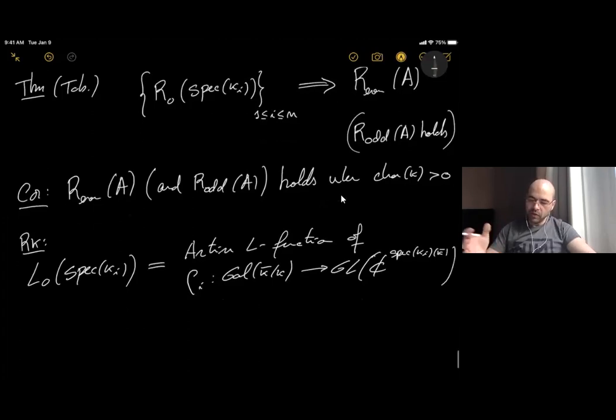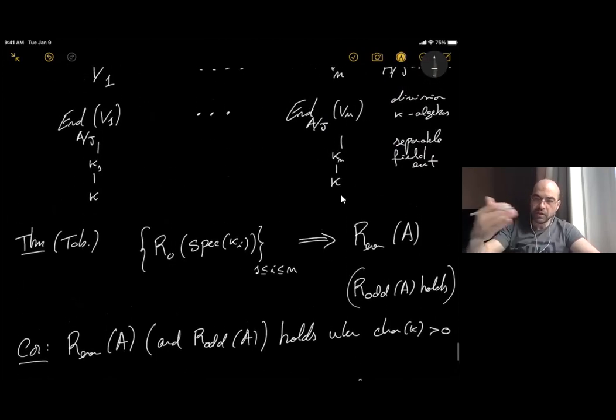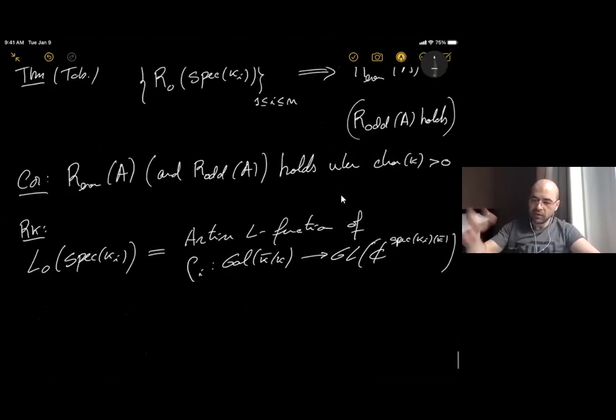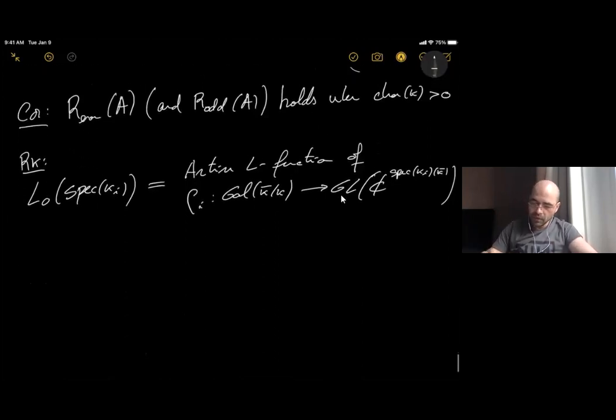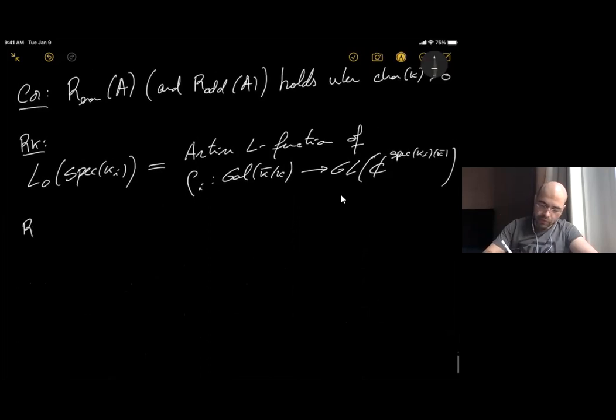You have this Grothendieck-Galois correspondence between these separable field extensions and finite sets equipped with a continuous action of this Galois group. So you have this finite dimensional C-representation, and it's the Artin L-function of this representation that is giving you the L-function used in this conjecture. So it's something that is already there in the literature. And maybe a very final remark is that everything above can be generalized.